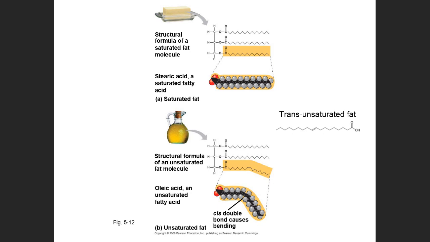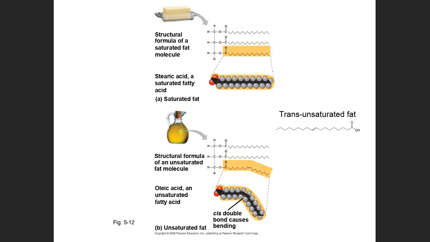When you put a double bond into the hydrocarbon chain, it creates a kink, a bend. That bent molecule means that the fatty acids cannot pack closely together. They cannot pack tightly together. They stay further apart. And that's why unsaturated fats tend to be liquid at room temperature. So they're oils. So that means they're unsaturated.